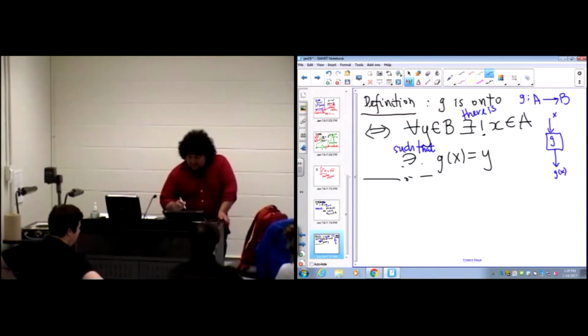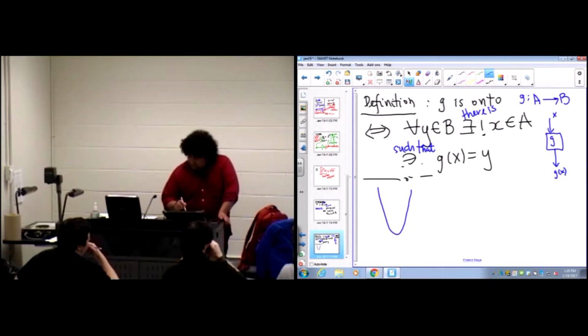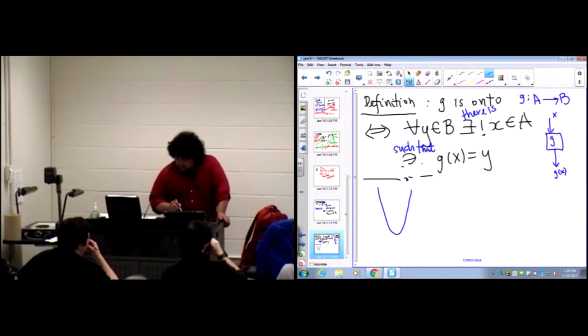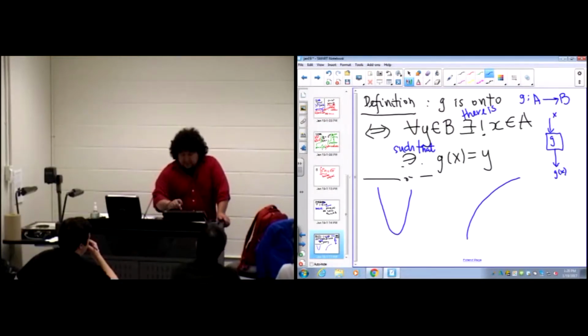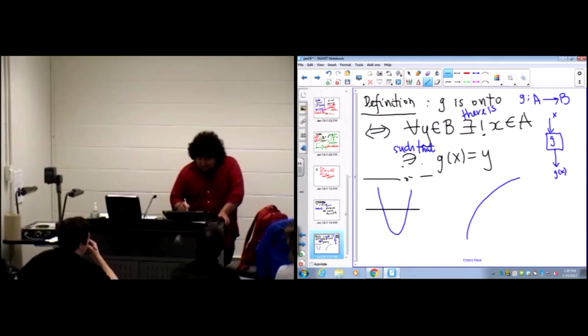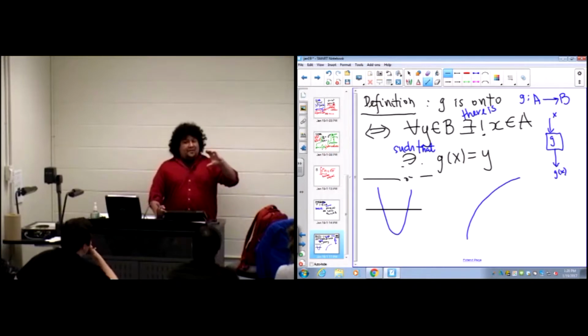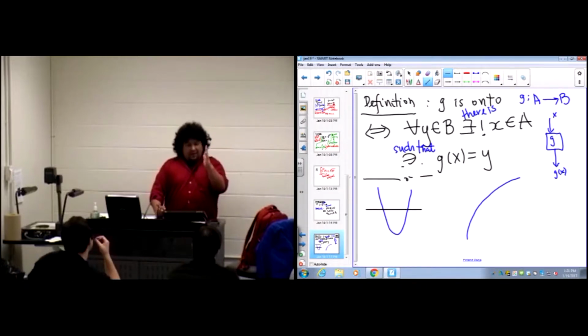So there's something about if you have the graph of the function, right? Consider two functions. Say, consider a function like this, and now consider a function like that. So graphically, this thing about being onto or surjective is that if you draw a horizontal line, okay, the y values are in the, I didn't draw the axis here kind of on purpose, but I hope that you're following me.